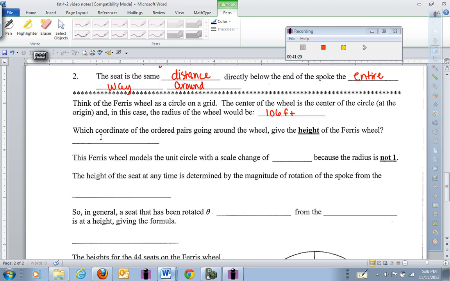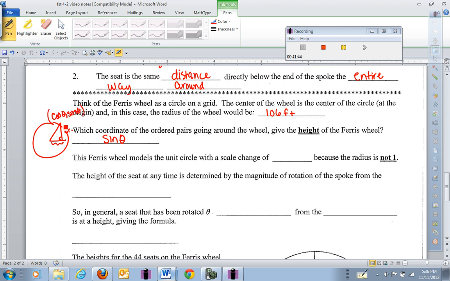So when I'm thinking about this, this will be the sine of theta, would be the distance up. So we're talking about in that unit circle, this component right here, this is the height. That's the sine. Cosine's here, sine is here. Remember, this ordered pair is cosine over and sine up.